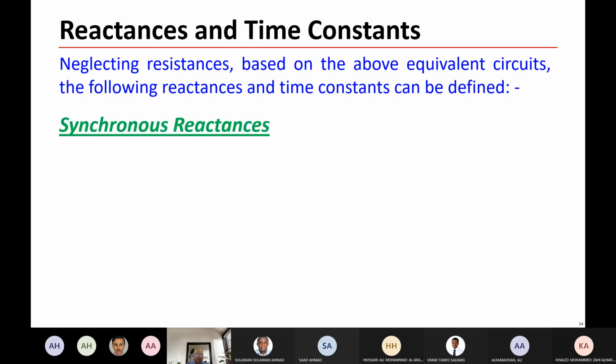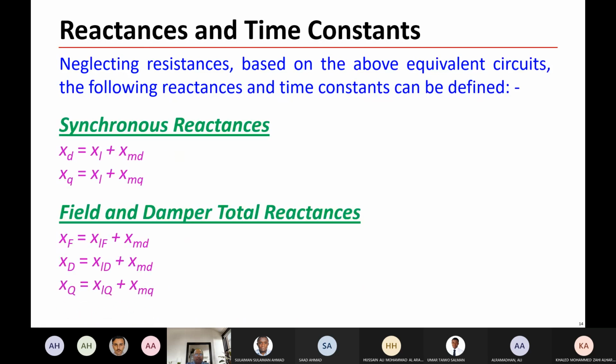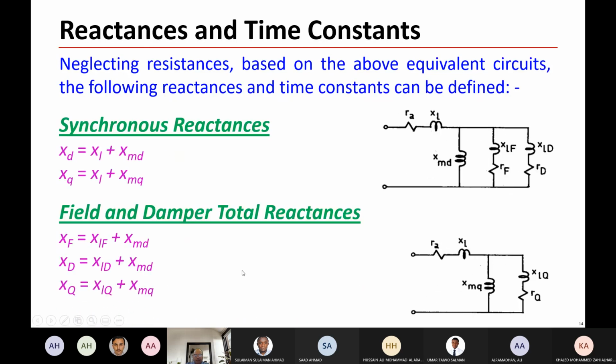As it's pointed out in the direct axis equivalent circuits for the armature, for the stator, the mutual inductance between the field and damper winding and armature is XMD, and this is the field winding, and this is the damper winding, and this is also for the quadrature axis, armature mutual inductance and the damper winding.